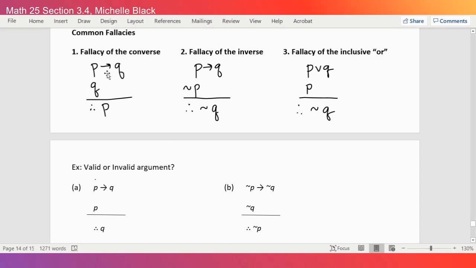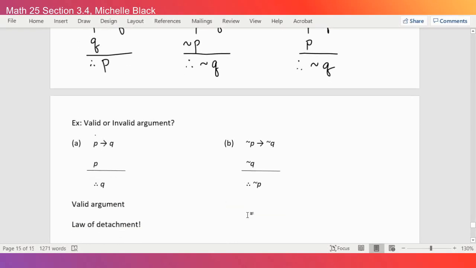So since all of the P's became not P's and all of the Q's became not Q's, it's still technically the fallacy of the converse. So this would be an invalid argument. And again, this is the fallacy of the converse using not P and not Q.